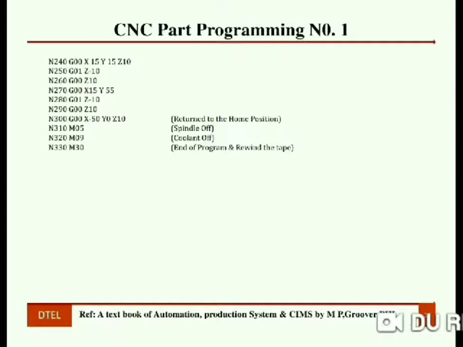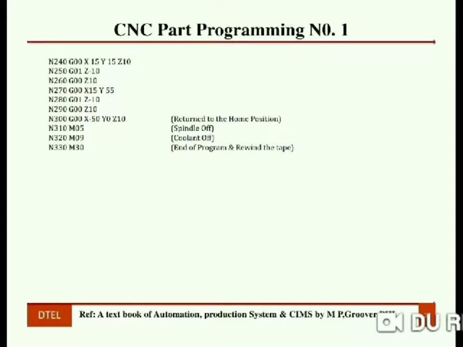Now we are going to take the next drilling position. So it is P10. For that purpose we need to move from the current position to the P10 position. So we have to use G00, that is rapid travel of the tool, to X15, Y55, that is the P10 position.